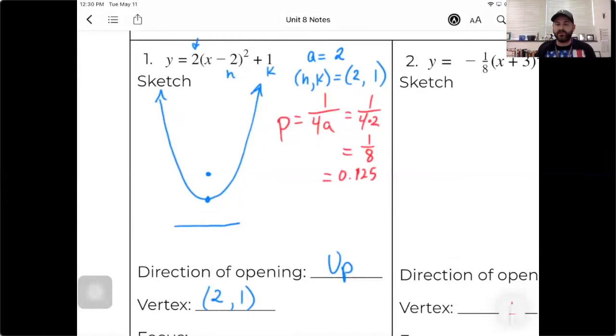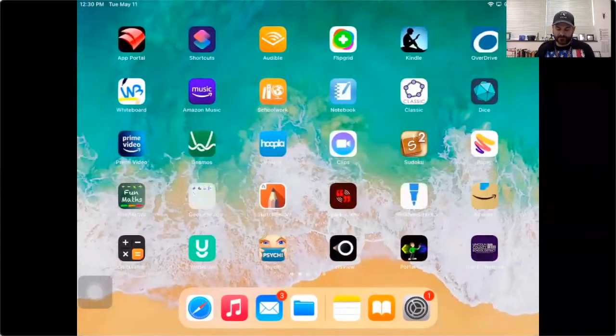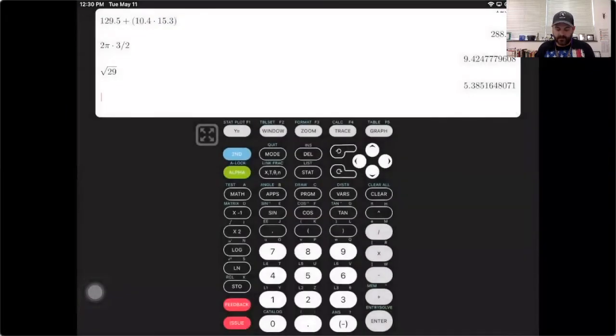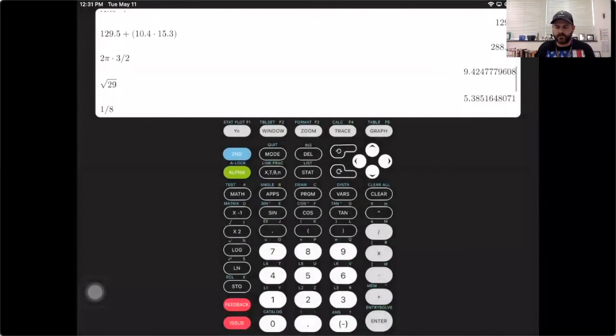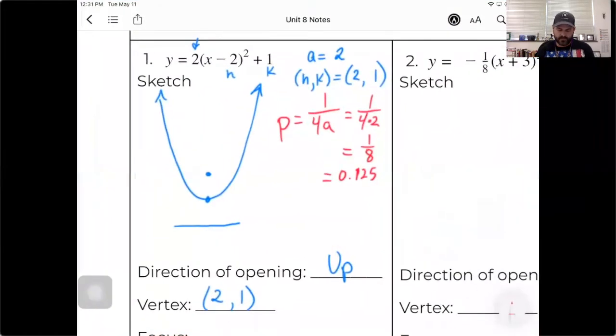If you want to find the decimal value, I would suggest going to your calculator and clearing all that other stuff out. Just do 1 divided by 8, that's the fraction 1/8, and you get .125. So that's my p-value.